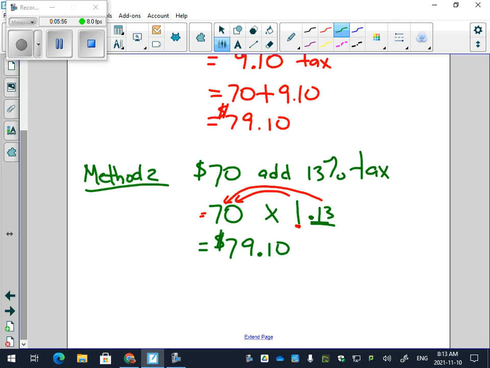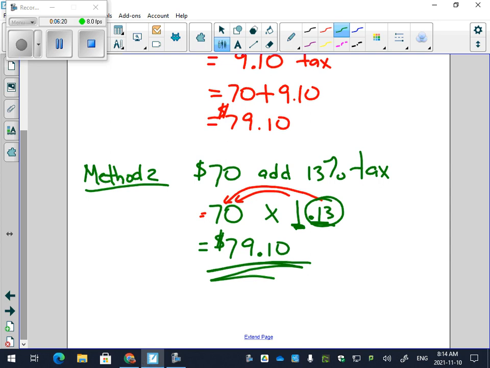The trick is to include the full price of the item by putting a 1 and then decimal 0.13 as your tax, and that's how you get the original price and the tax added into one equation. Now, I find this far superior, but you have to look at your comfort levels.